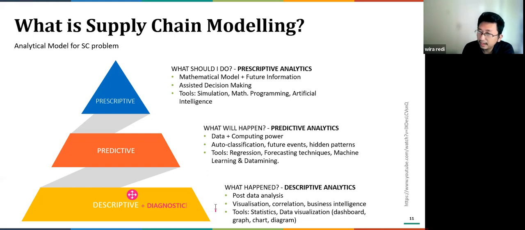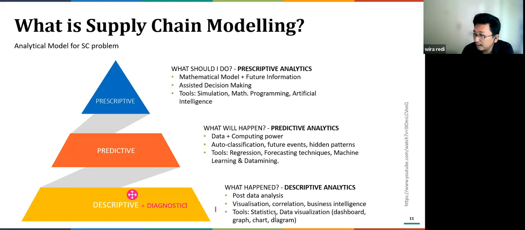And then now you have the data from the descriptive and predictive. Then you can create a model, which we call a prescriptive model, to associate all the data collected from the predictive analytics and descriptive analytics to create the best decision possible. So we are going to play in the predictive as well as prescriptive area for this class.